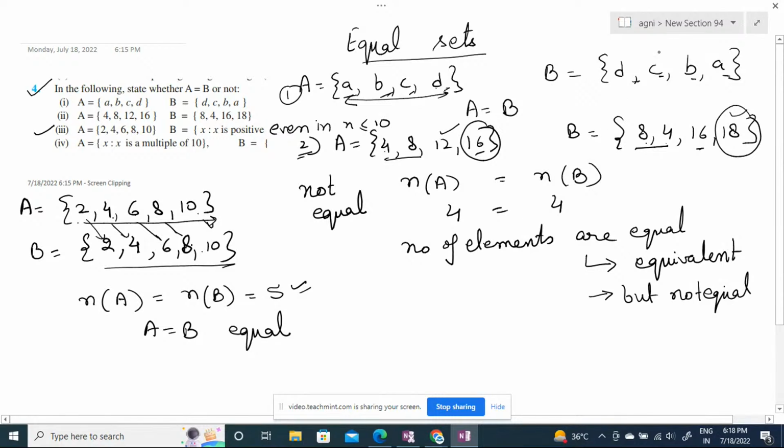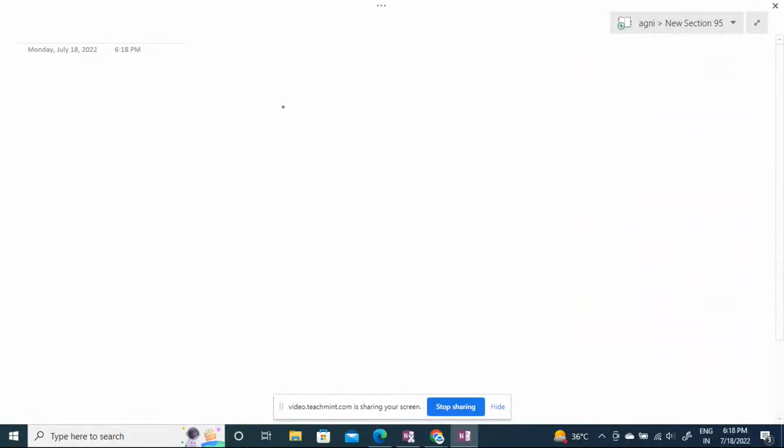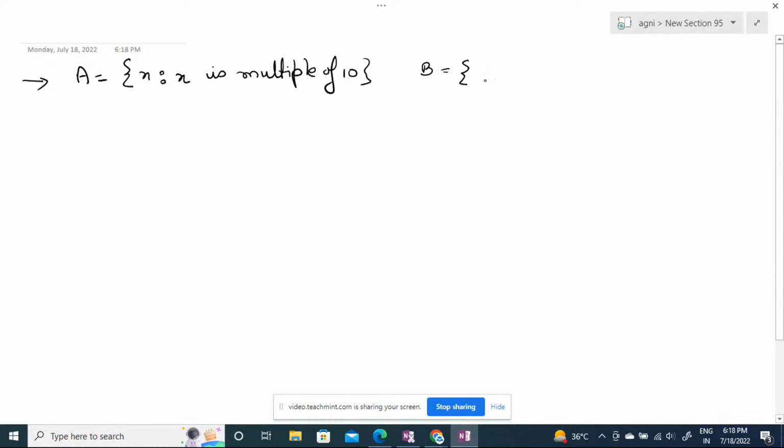Now in the next part we have A is equal to x such that x is a multiple of 10. And B is equal to 10, 15, 20 up to 30.